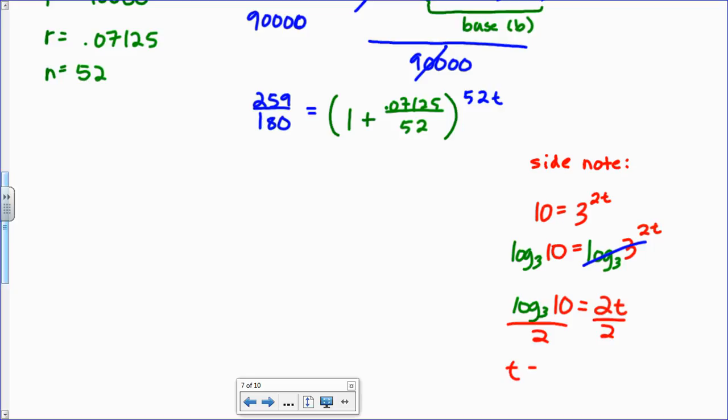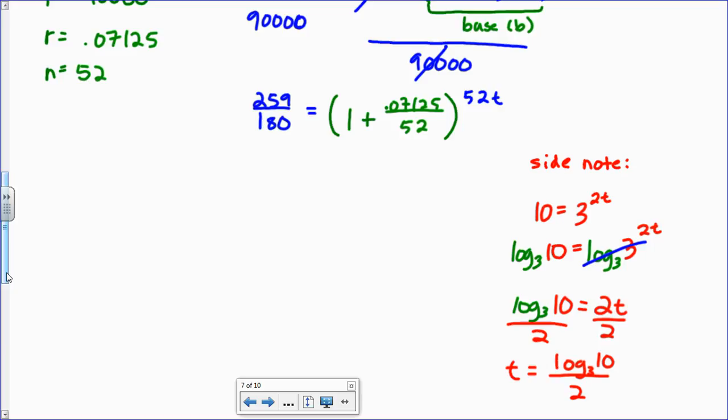So t would be whatever log base 3 of 10 is, divided by 2. I would have to change the base to figure this out, and I'll do that on this problem, but that gives me a t, and then we'll talk about the calculation later.